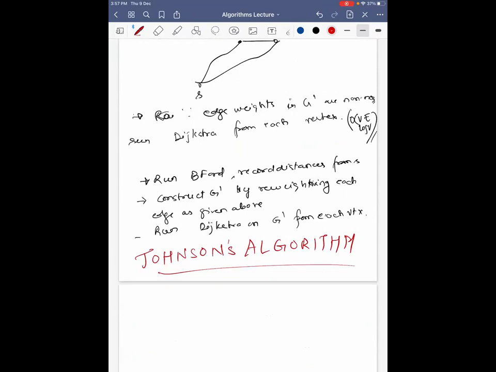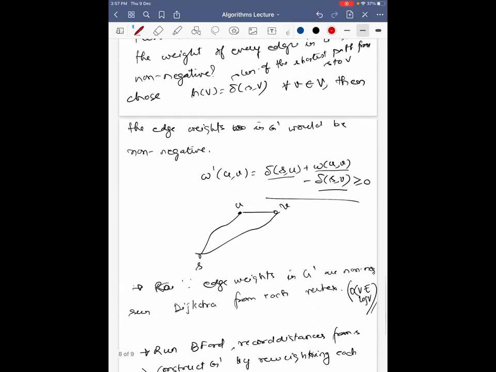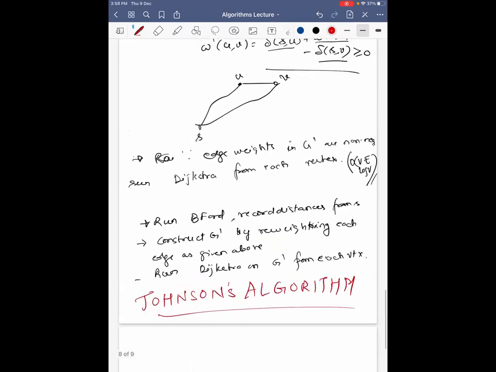And one of the advantages of this algorithm is that it proves to be especially useful when it comes to computing all pair shortest paths in sparse graphs. I think for sparse graphs, this is the optimal one, but I'll have to confirm it once.